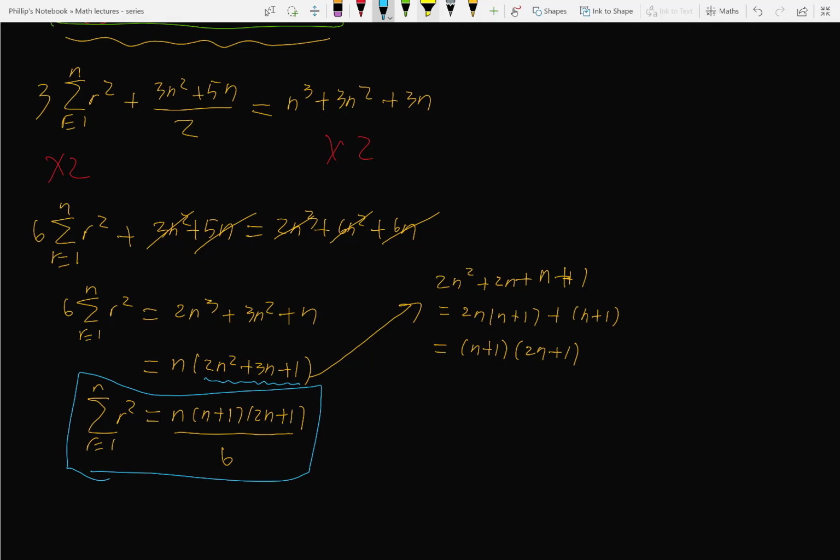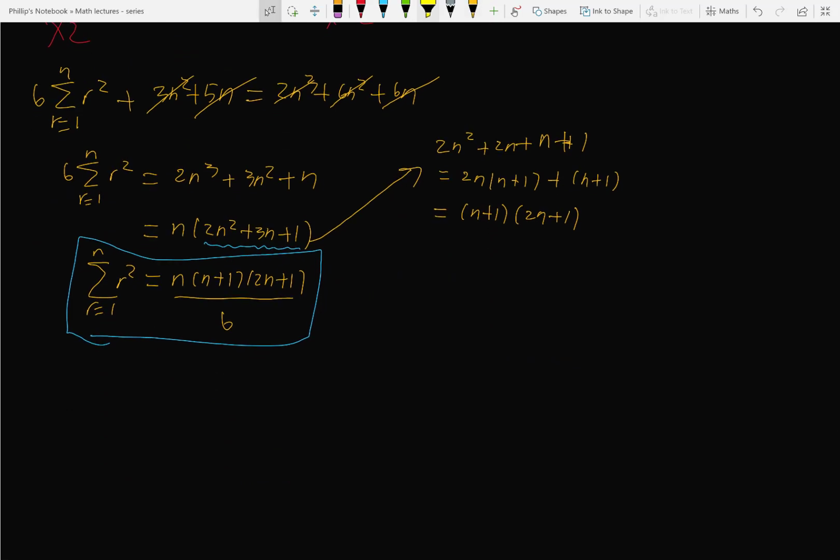So that's the solution of the sum of the first n squared numbers. And we can also use telescoping series and the addition and scalar multiplication rule of finite series to come up with the sum of the first n cubed numbers, n quartic numbers, and so forth, power 4, power 5, power 6.